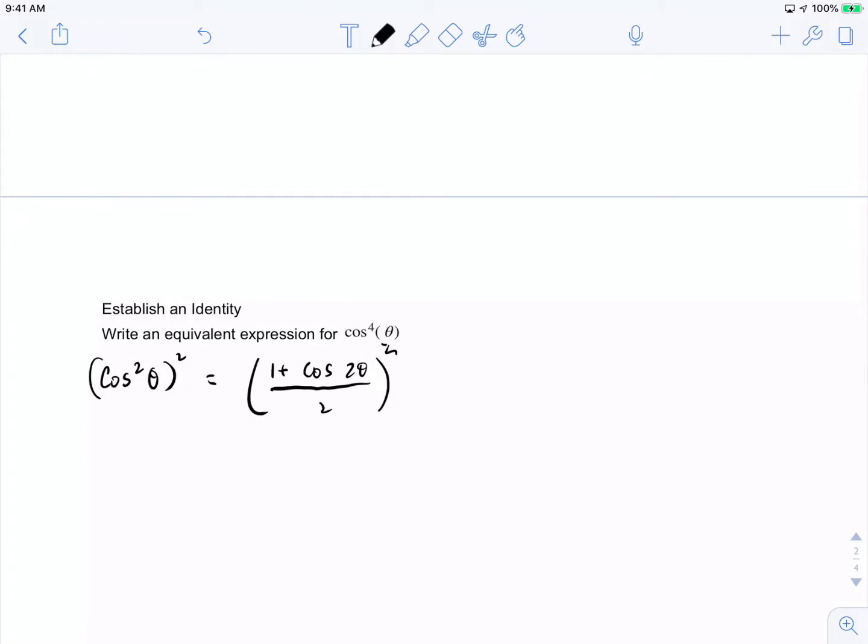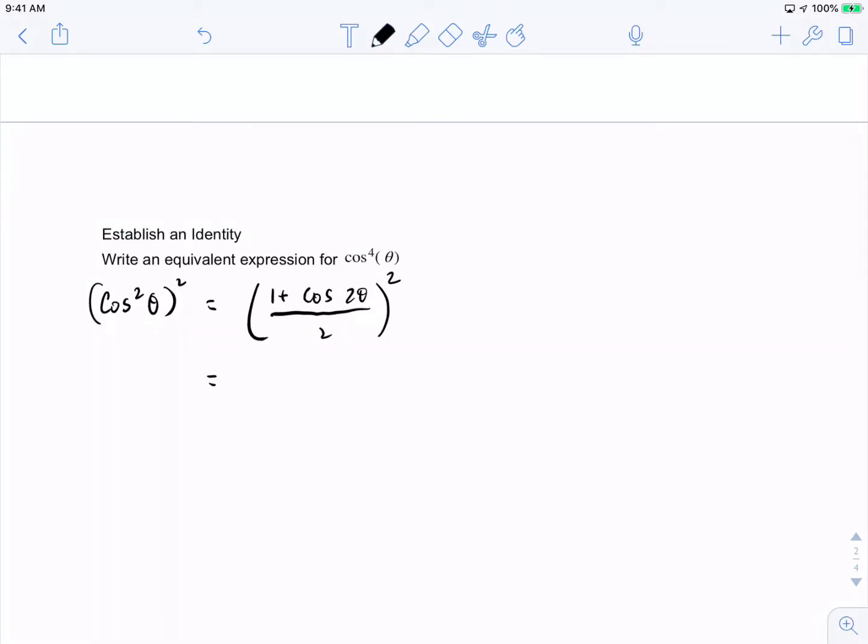And when we square that, we know that this top piece can expand to be 1 plus 2 cosine 2 theta plus cosine squared of 2 theta, and then that's all going to be over 4.